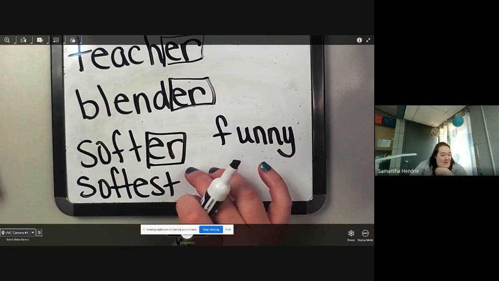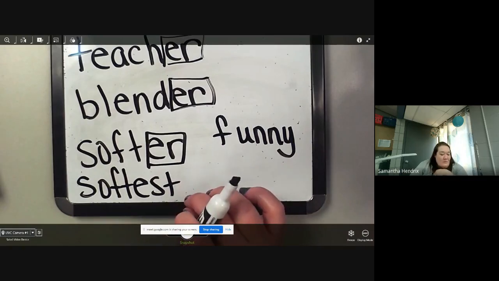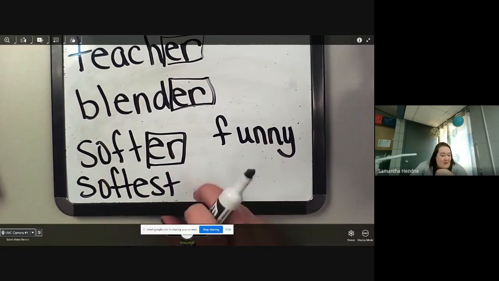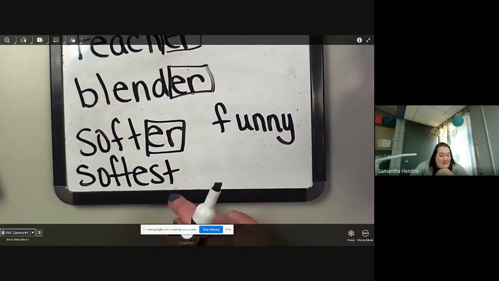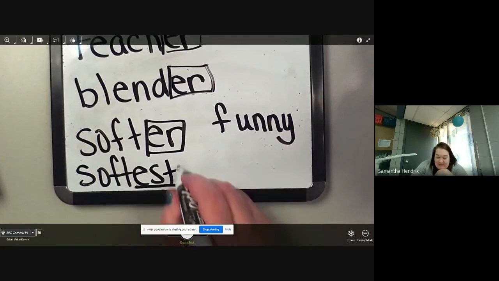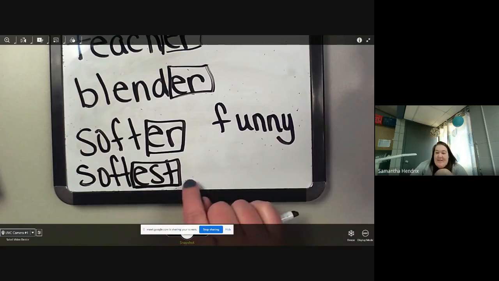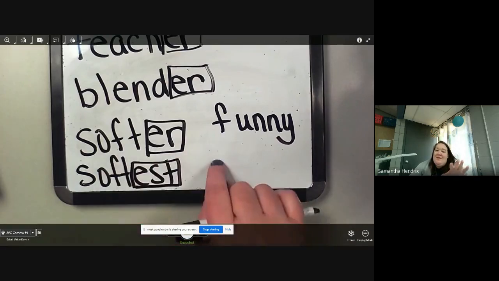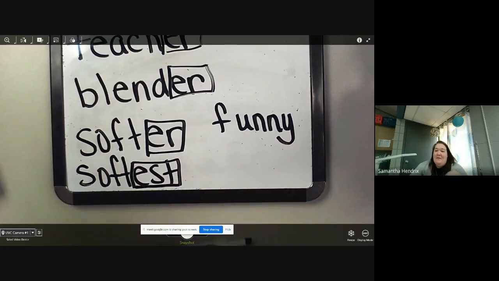Okay? So it means more soft. Okay? So let's look at the suffix est. What does this mean compared to this one? This one means more soft. This blanket is soft. Callie's blanket is softer. So her blanket is softer than mine.